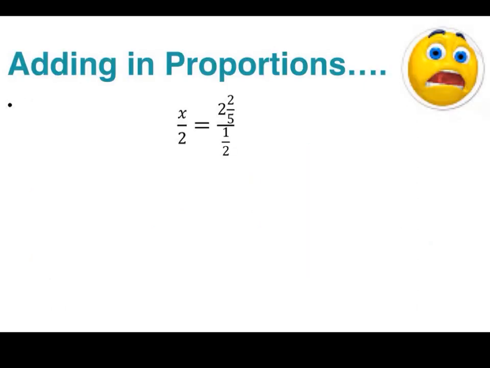So now we're going to add our complex fractions into a proportion. We're still going to use the same skill we just did before. And our hope is that at the end of this, we don't feel freaked out. So we're going to go ahead and start. Again, proportions, we cross multiply.